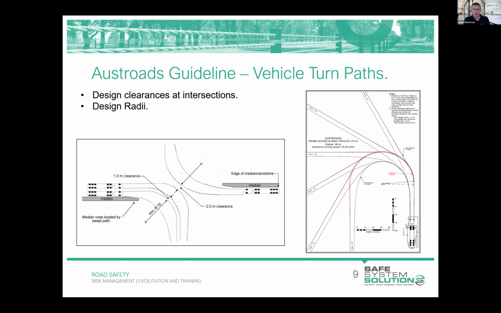So there are some key things to check if you do have a set of swept path drawings in front of you. Have the swept paths been generated on the correct radius and on a single radius? That's the desirable way to construct a swept path, on a single constant radius.